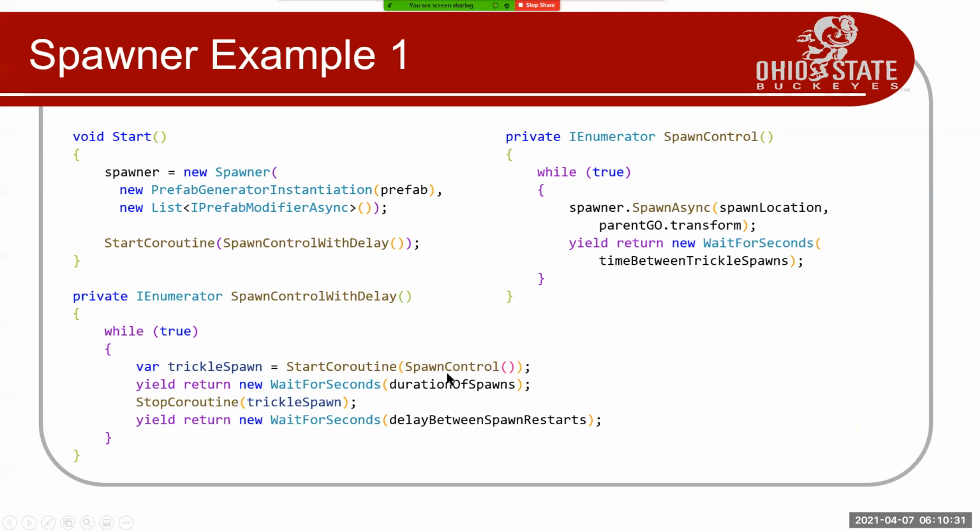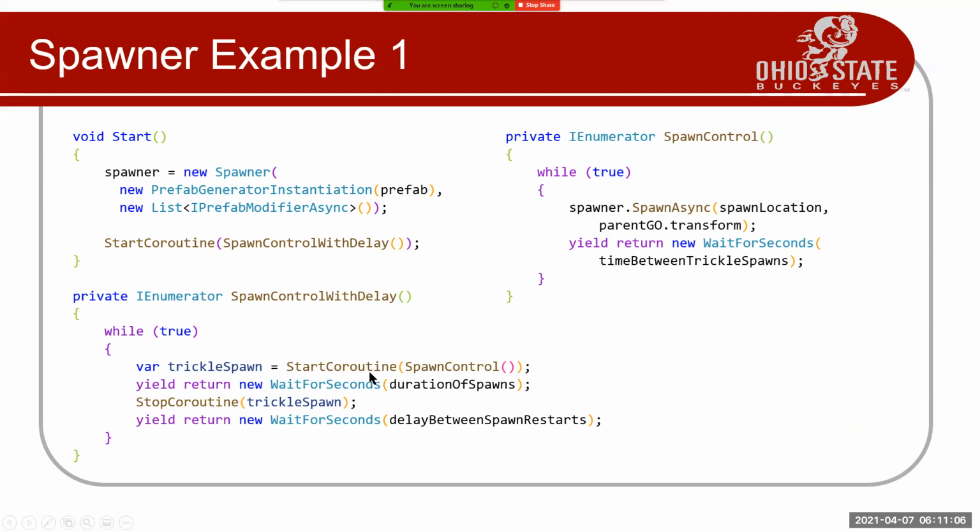And this one's going to say SpawnControl. And SpawnControl is going to say while true, asynchronously spawn a prefab at a location. So this prefab is included in this spawner. I'll wait for the trickle between spawns, spawn another one. So this will constantly spawn at this time interval of trickle between, okay?